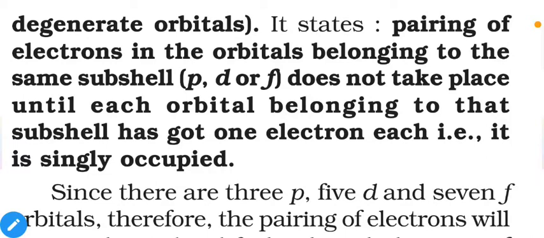Suppose we have d orbitals. In the case of d we have 5 degenerate orbitals, that means 5 orbitals containing the same energy. So pairing won't start until all of these 5 contain at least one electron. If all of them contain one electron each, then pairing will start.